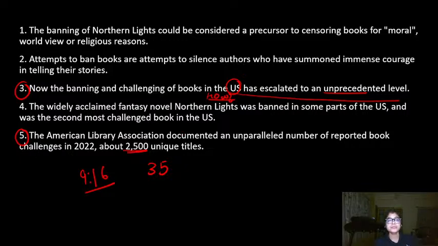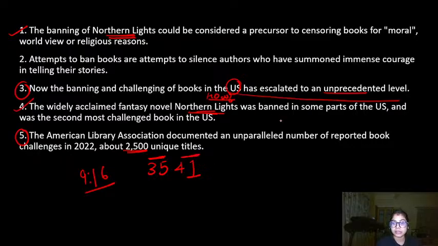Then the widely acclaimed fantasy novel Northern Lights, and then again there's a Northern Lights discussion. So out of the 4 and 1 sentences, the best sentence that comes is statement 4 as it introduces the book Northern Lights, and then it should be 1, okay, as it explains Northern Lights. So these are the pairs that we have made: 3, 5, and 4, 1.